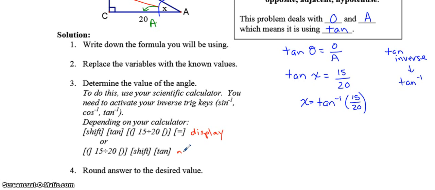If you have a non-display calculator, you would type in the fraction first, bracket 15 divided by 20, close bracket, then press shift tan. So try both ways, and you should get as your answer 37 degrees. So try both of these methods to find out whether you're a display calculator or non-display if you forget, and you should get your answer of 37 degrees.